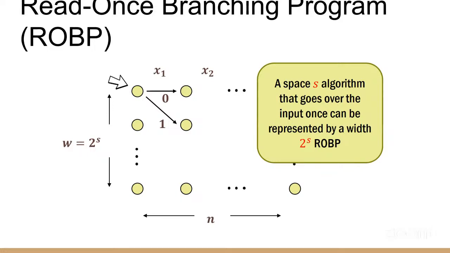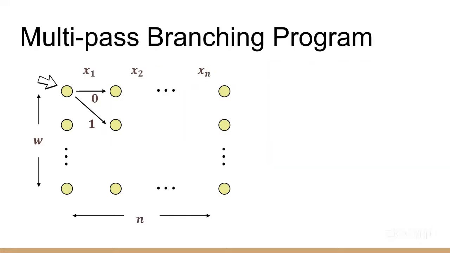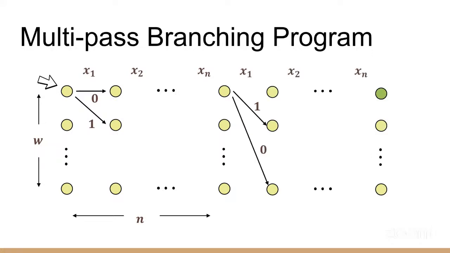There are W states, so this is the ith state of the jth layer. Okay, so what's a multipass branching program? The multipass branching program has this first layer, and again you can read the input again.